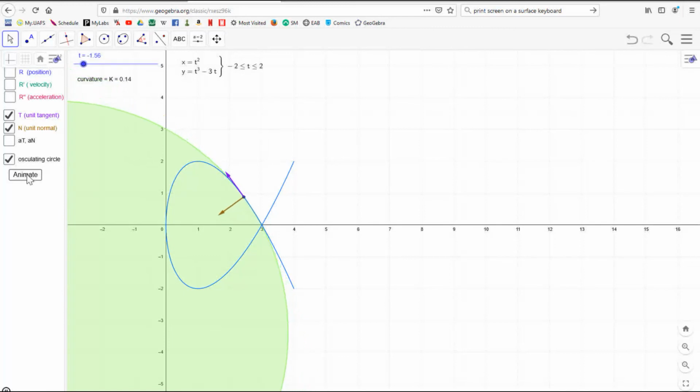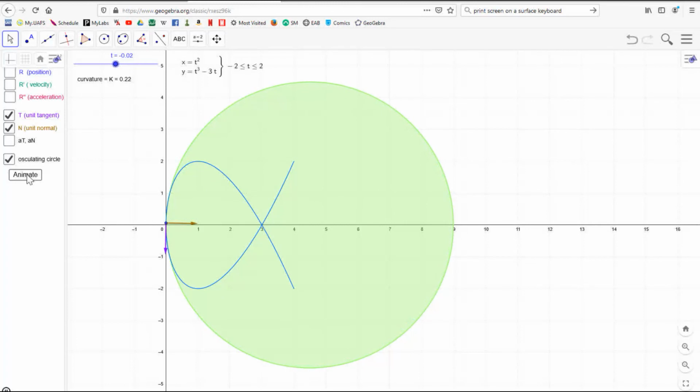But as you see, as the curve curves more, it has a smaller radius of curvature, a smaller circle there, but a quicker change in the direction of that unit tangent vector. And then as it gets bigger here, that's when the curve's getting flatter and so forth.